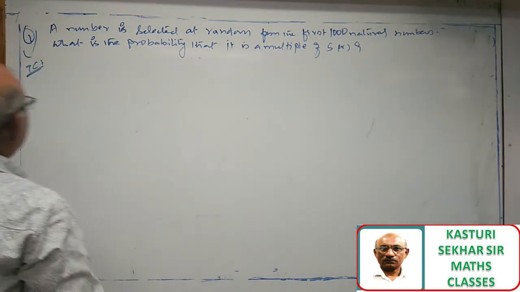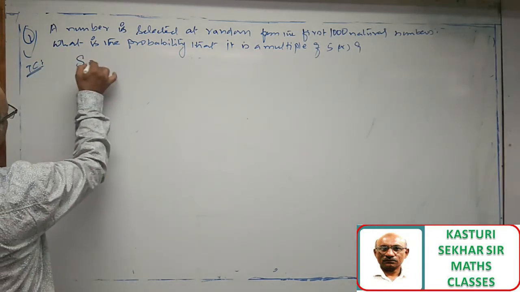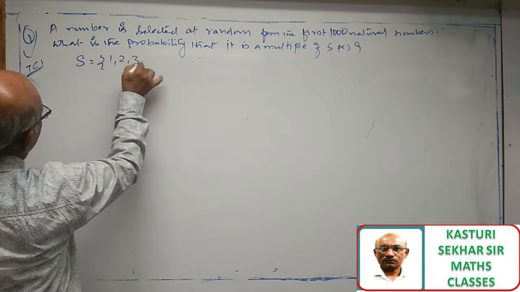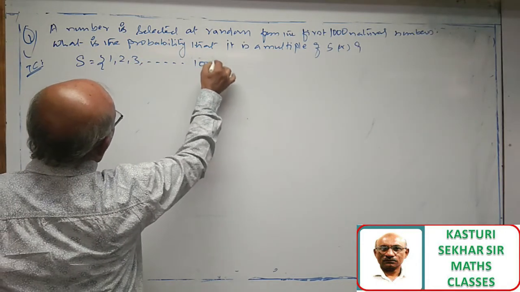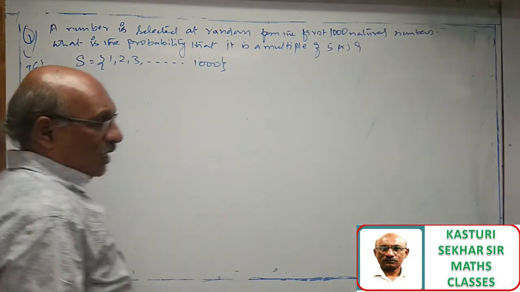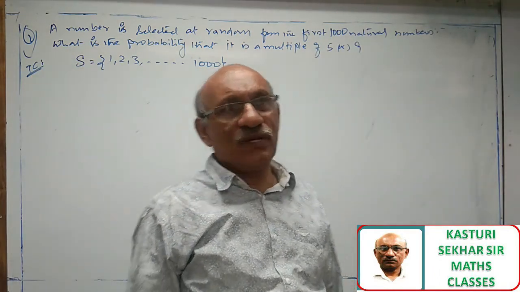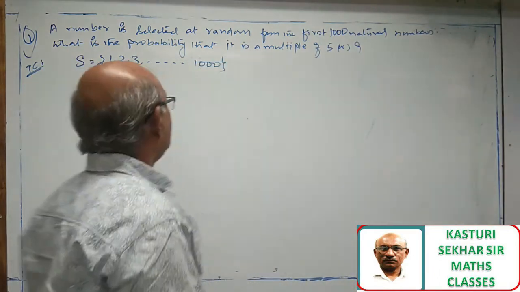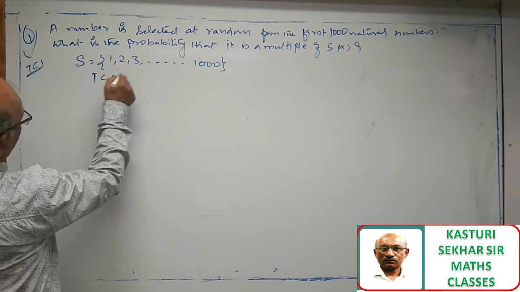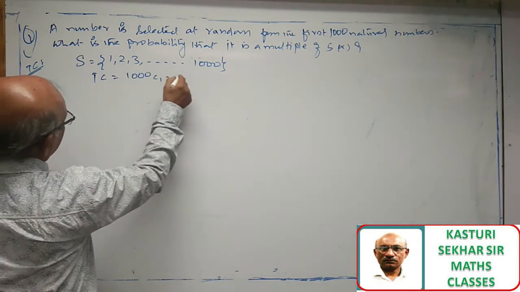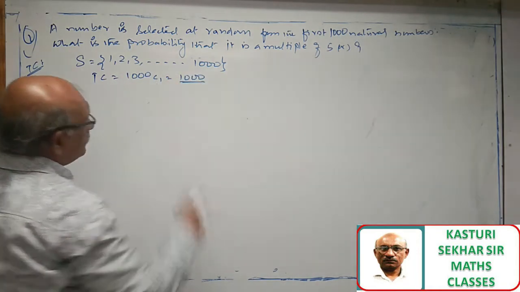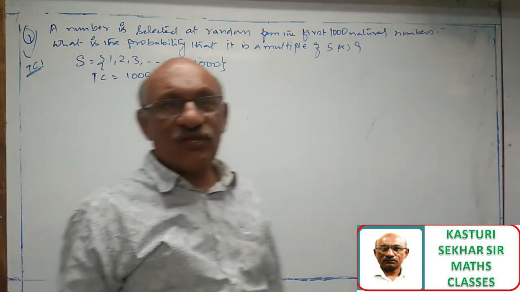Okay, sir. So sample space is having numbers 1 to 1000. One number you are selecting, so total number of cases are 1000.